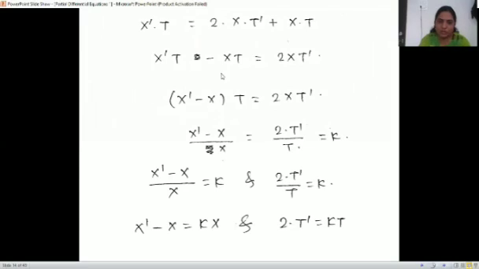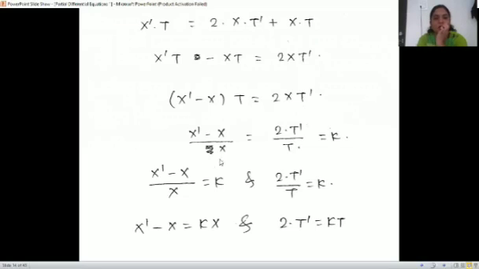Solving that equation, we take the whole T term on the left hand side, so we get X dash minus X T is equal to 2 X T dash. What is our job here? We have to separate all X and X dash on one side and T dash on the other side, right? So we'll do that. It is X dash minus X upon X, the 2 we leave here only, so 2 T dash upon T, and equate it to some constant k.